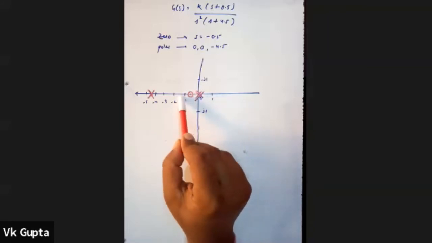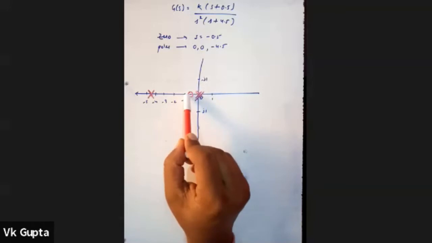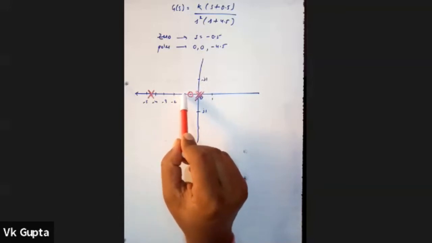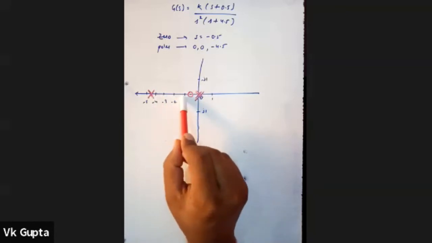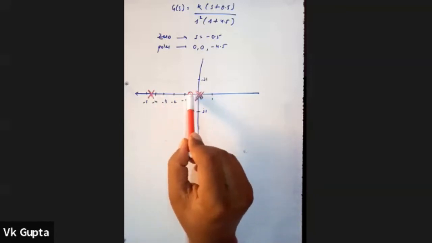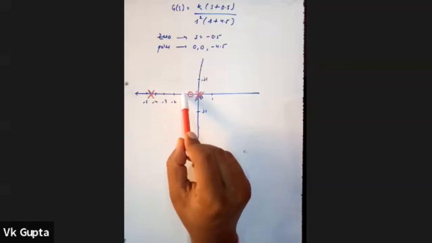Next, let us see the points after minus 0.5. All these points lie on my root locus. The reason: there are two poles and one zero, that is 3, to the right side of them. The rule says it should be an odd number, and 3 is odd.